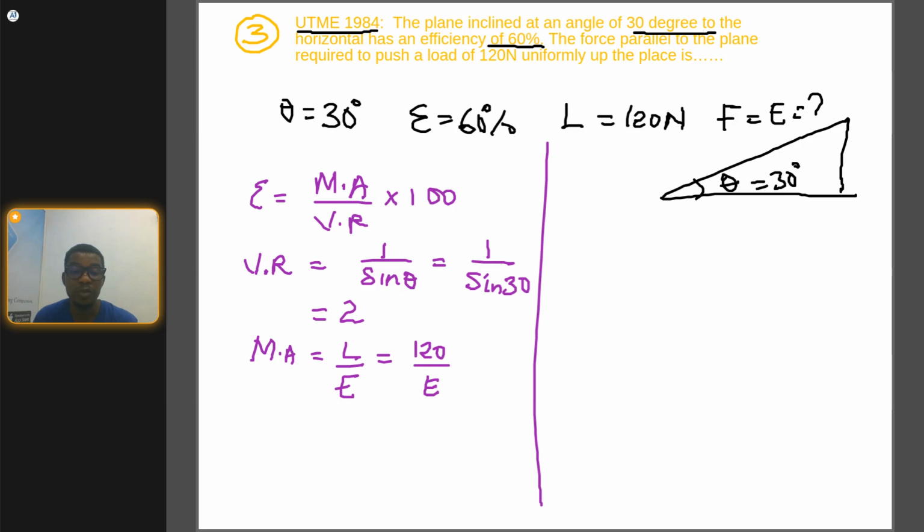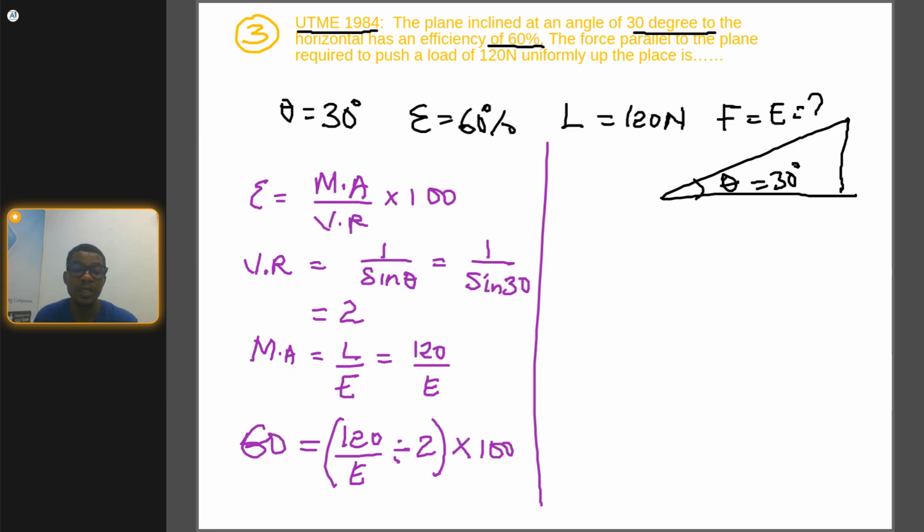Efficiency equals mechanical advantage over the velocity ratio. So we have efficiency, 60%, equals mechanical advantage, which is 120 over E, divided by the velocity ratio, which is 2, close the bracket, times 100.